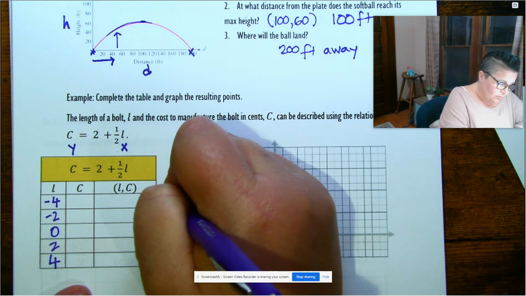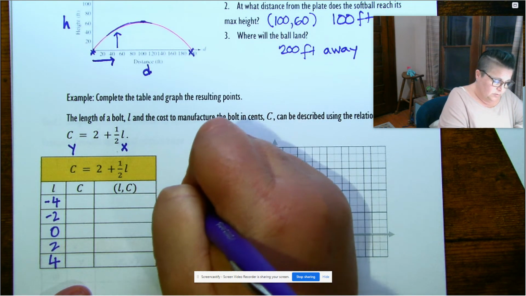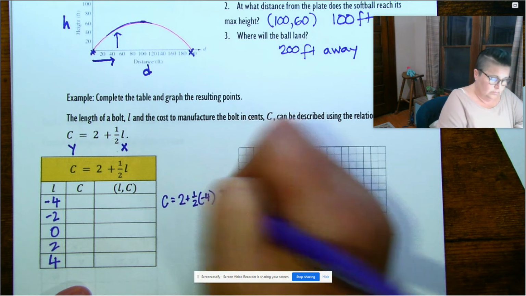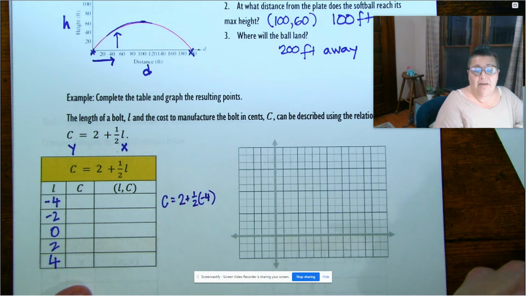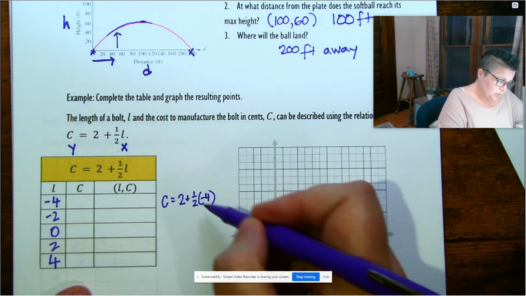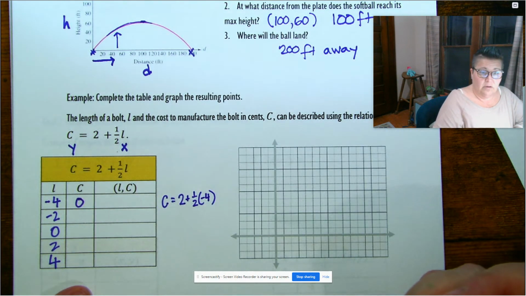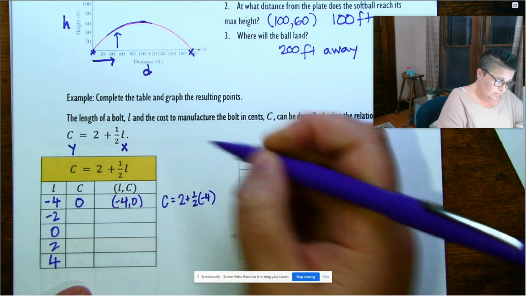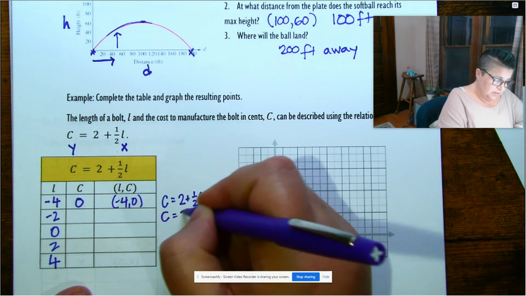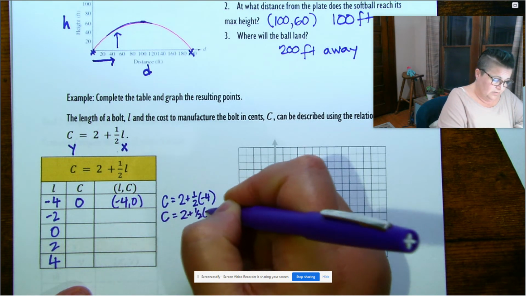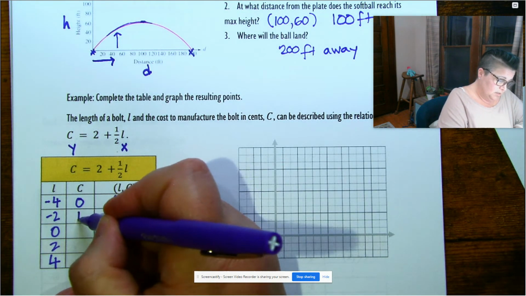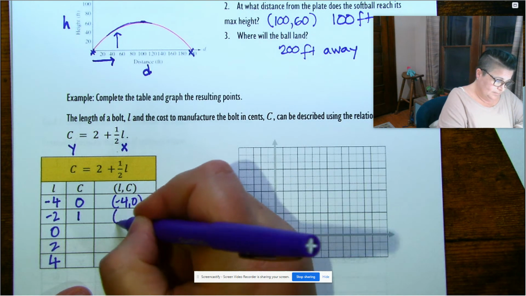That means that for the first one, the cost would be 2 plus 1/2 of -4. Half of -4 is -2, so this cost would be 0. This gives us -4, 0. Here the cost would be 2 plus 1/2 of -2. Half of -2 is -1, plus 2 is 1.